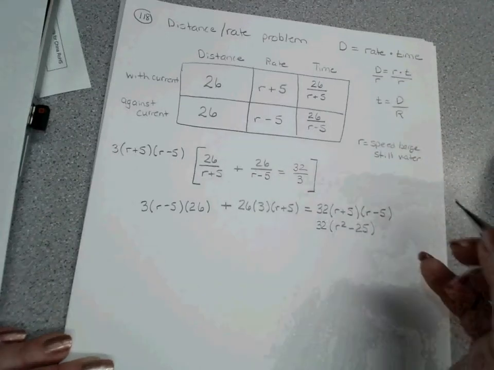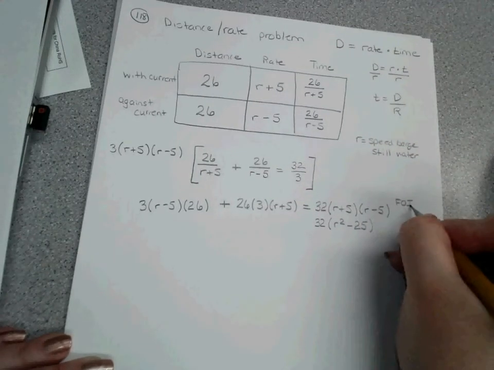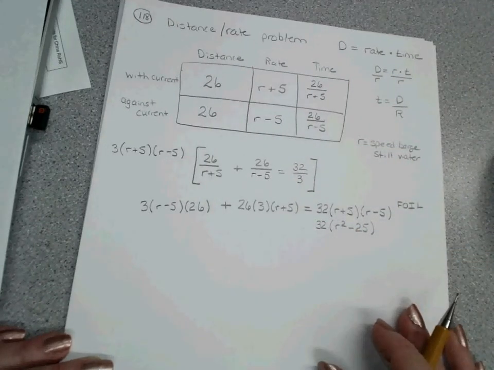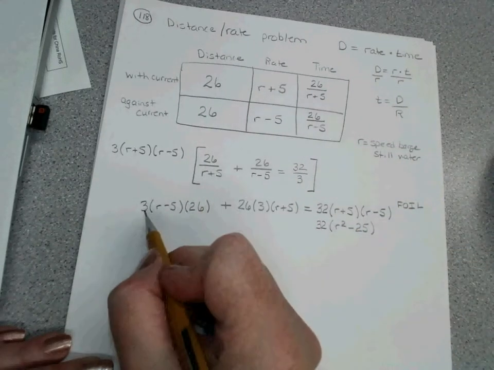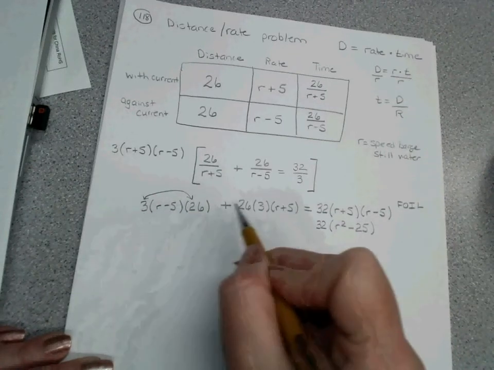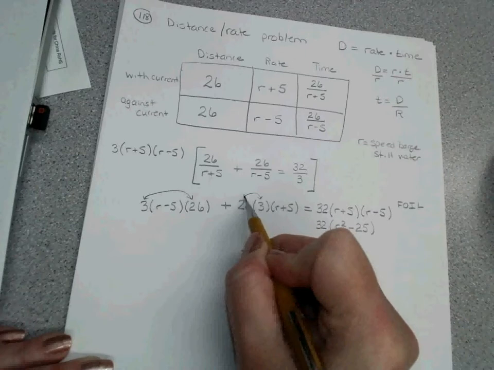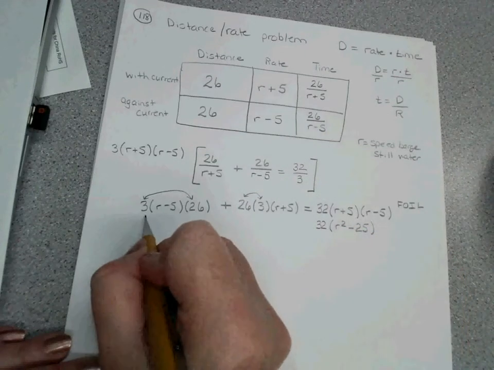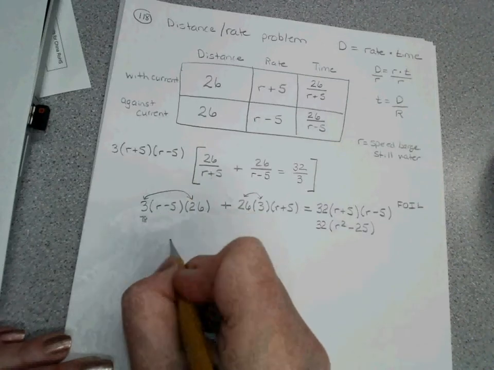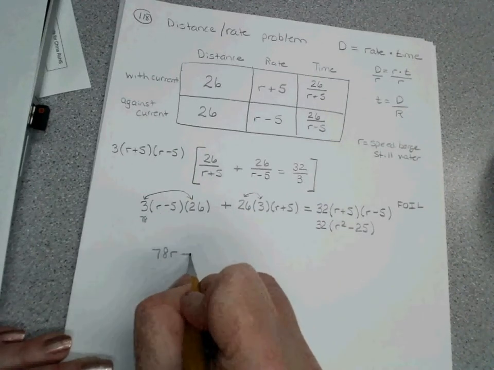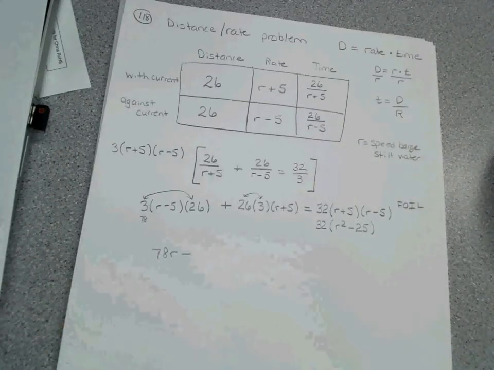If you don't see that, FOIL it out. The 5r and the negative 5r will cancel. Okay? Over here, multiply the 3 times the 26 and then distribute. So 3 times 26 is 78. So 78 times r minus 5 is 78r minus 78 times 5.